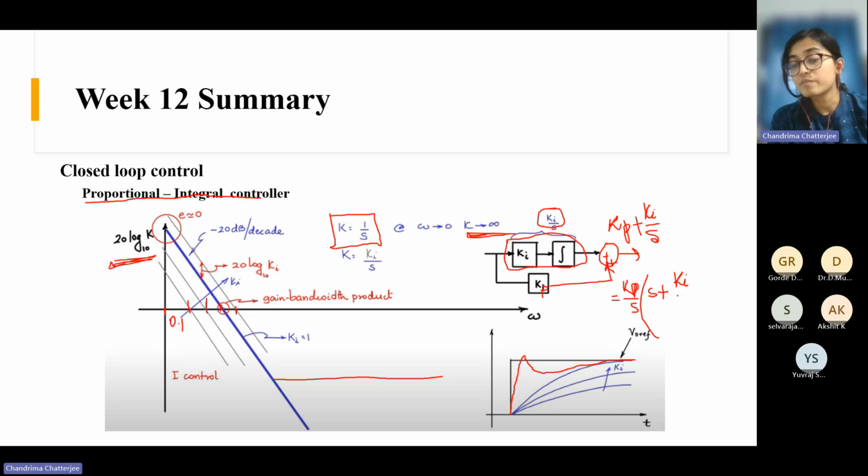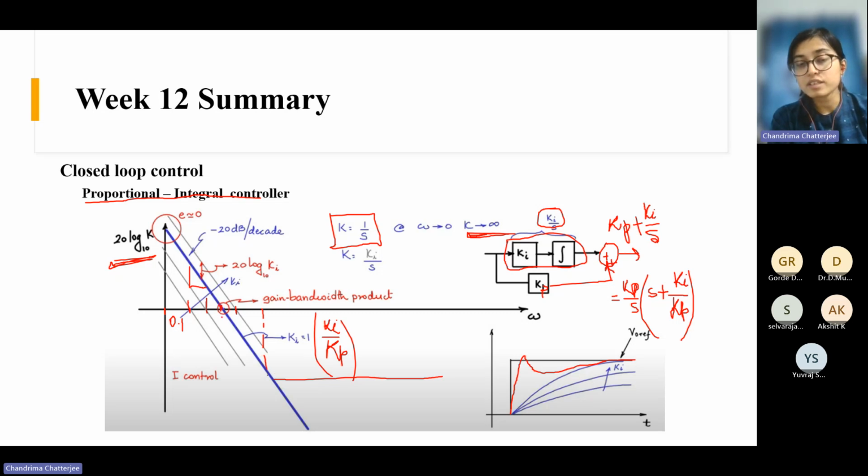So this is basically a 0, at s equal to minus Ki by Kp. So at this point, you are introducing a 0. This point is Ki by Kp. After it was decreasing, here it was reducing with a slope of minus 20 dB per decade, but then you introduced a 0.